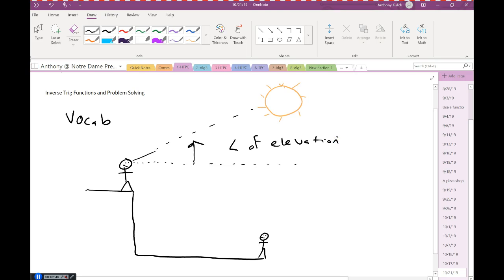So that's going to form an angle of elevation. So your normal line of sight, as if your head was not looking up or looking down, is one arm of your angle. And then the other arm is your sight line to whatever it is you're looking at. In this case, we're looking up at the sun, which is probably a bad idea in practice.